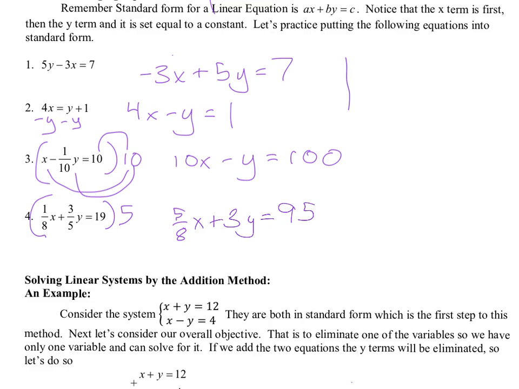Now I have to get rid of the 8. So once again, I'm multiplying the whole thing by 8. And that's going to get rid of that 8 denominator. So when I multiply it times the 5/8 x, I get 5x. Times the 3, 8 times 3 is 24y.